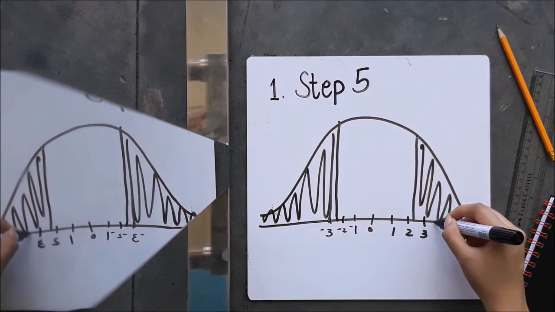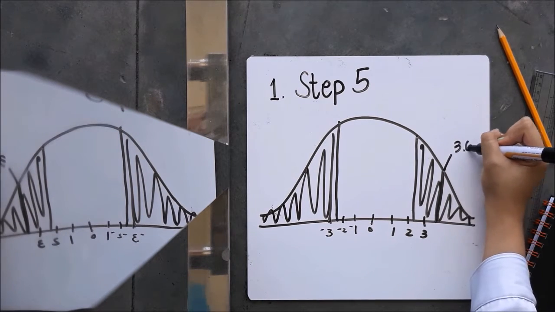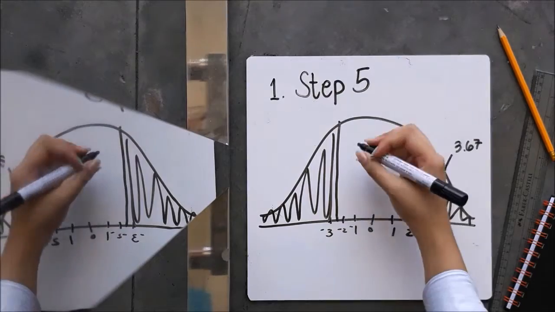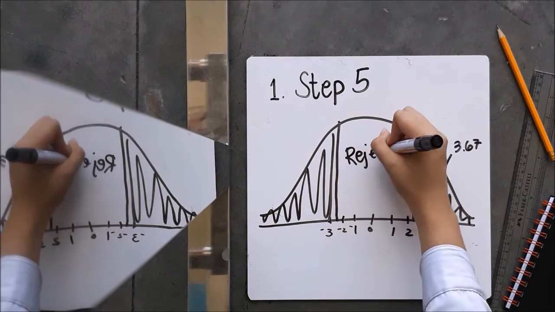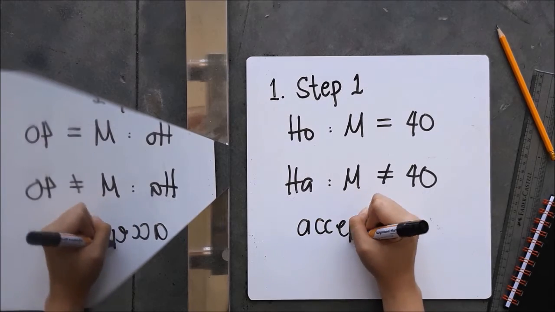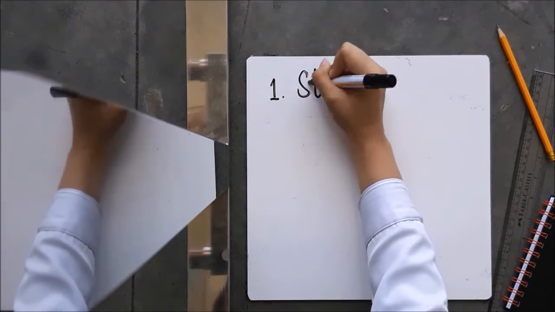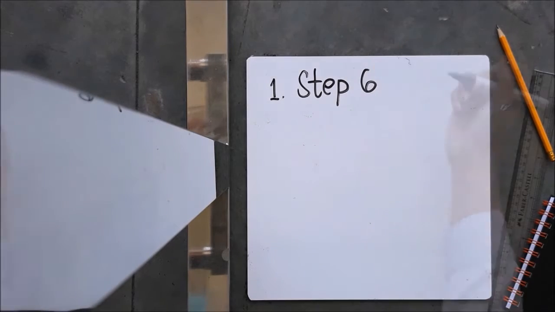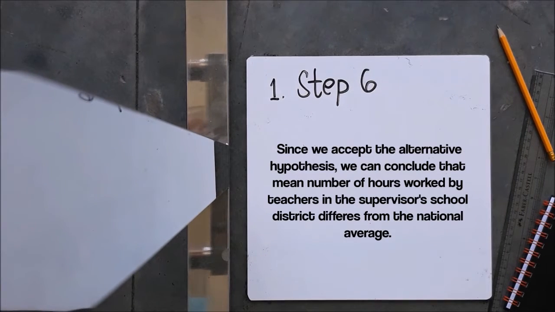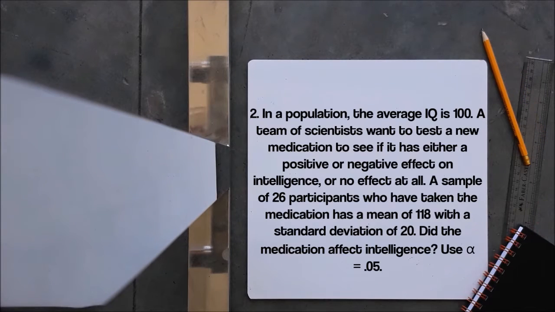And then plot positive 3.67, and we will reject H0. Step 6 is the conclusion. Since we accept HA, the mean number of hours worked by teachers in the supervisor's school district differs from the national average. Problem number 2.